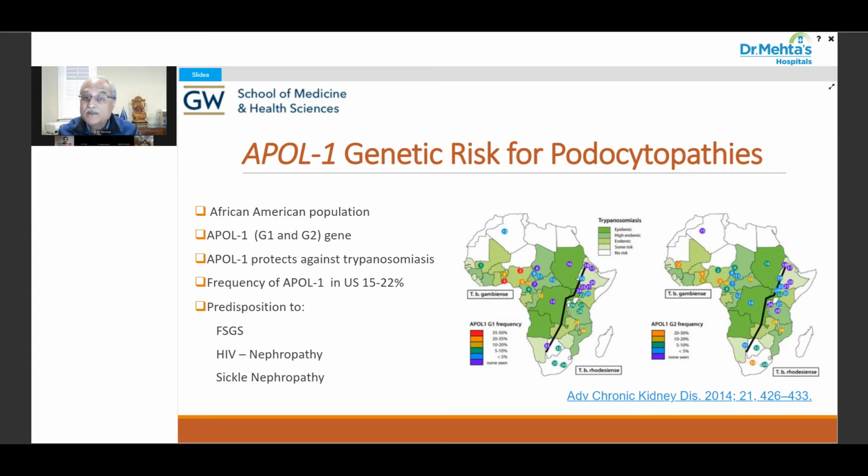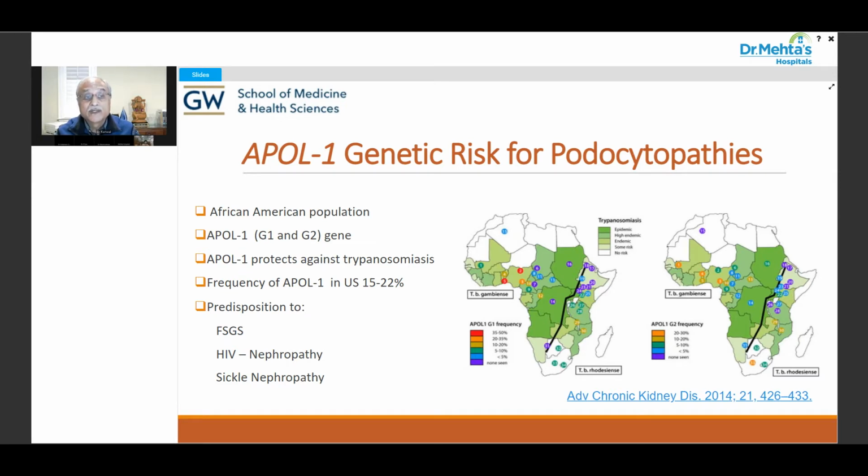It's believed that people in this region have a high incidence of APOL1 that provides protection against trypanosomiasis, just like sickle cell disease provides protection against Plasmodium falciparum infection. So when these people were brought into the United States, they carried that gene with them.